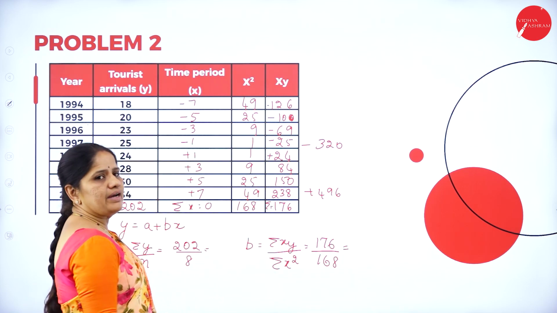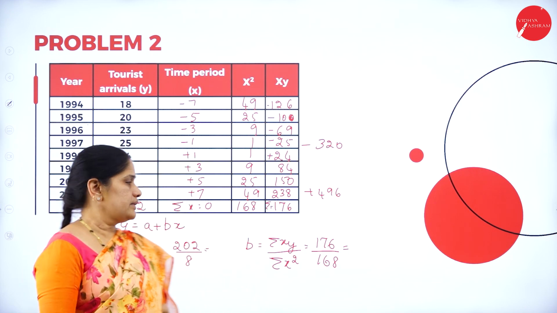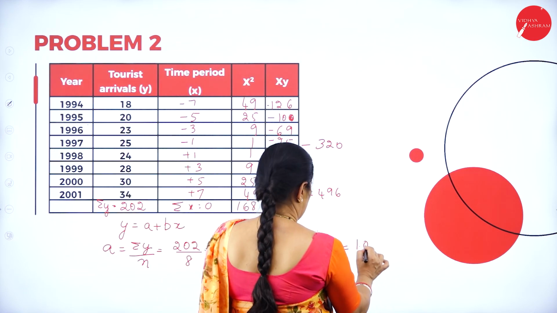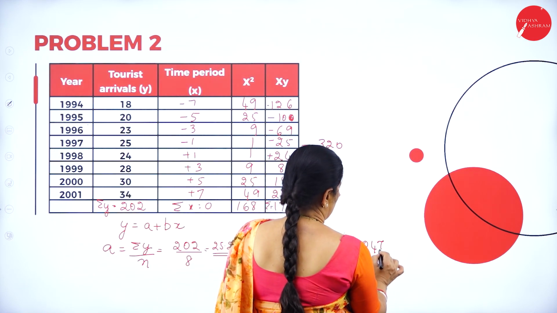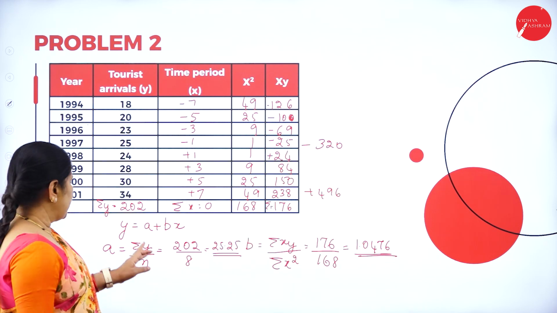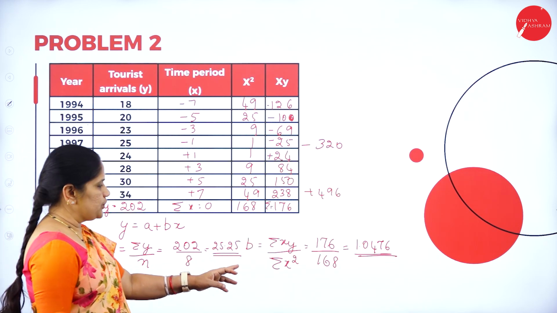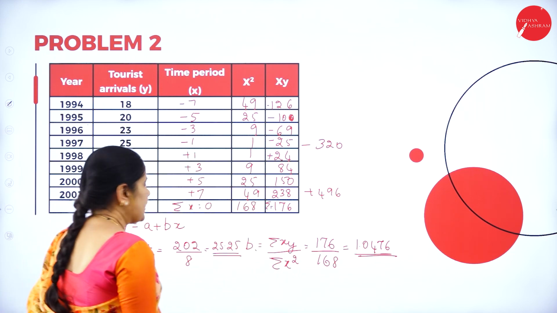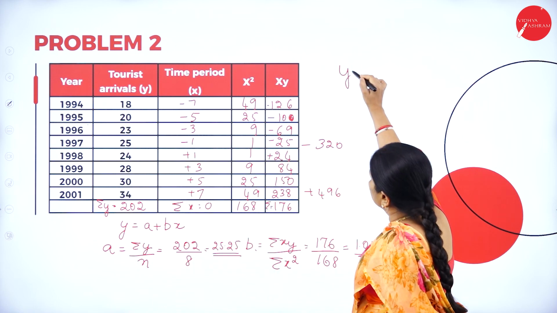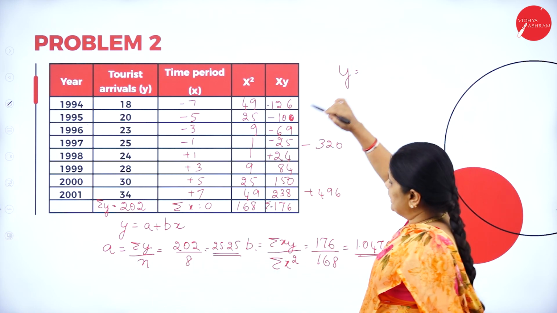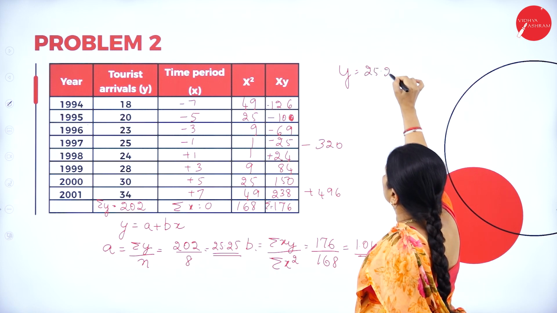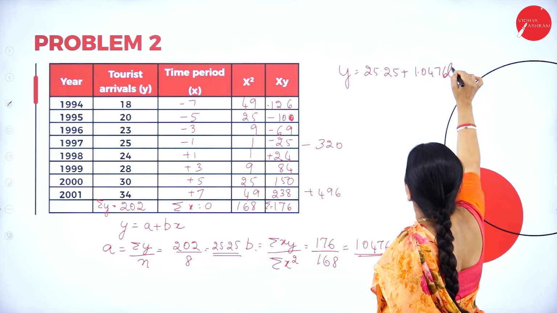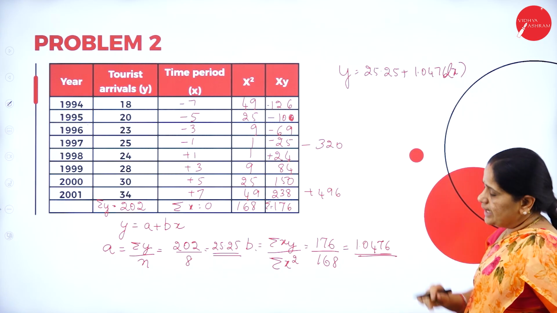When I simplify this, we have A value as 25.25 and B value as 1.0476. Now when I write the equation, y will be equal to 25.25 plus 1.0476 into x.